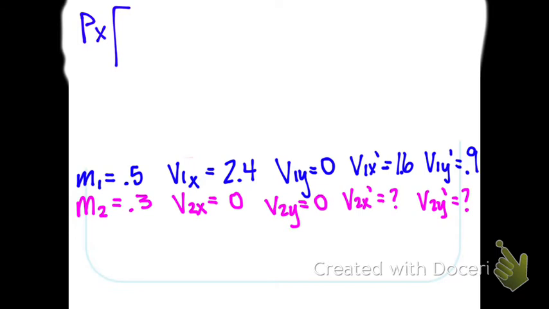They're ending up separately. So an elastic collision is M1 times V1, and we're only looking at X categories right now.